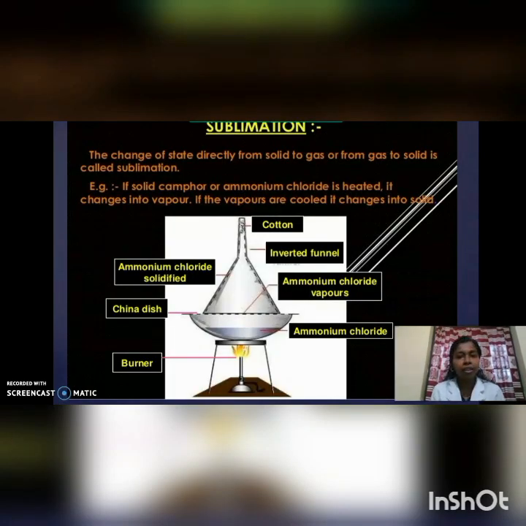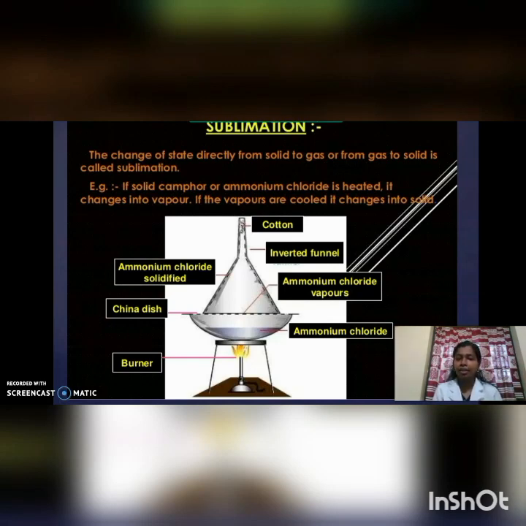You already know the sublimation process, in which a solid is converted to gas. Here is an example. We take a burner with a china dish, where ammonium chloride is placed, and close it with an inverted funnel, with a cotton plug attached at the mouth end of the funnel.